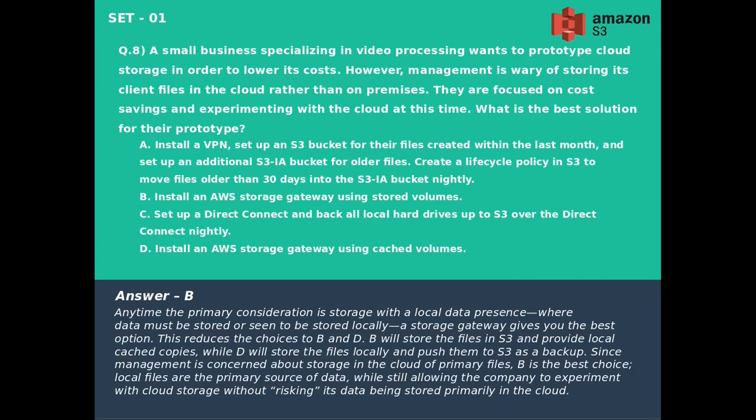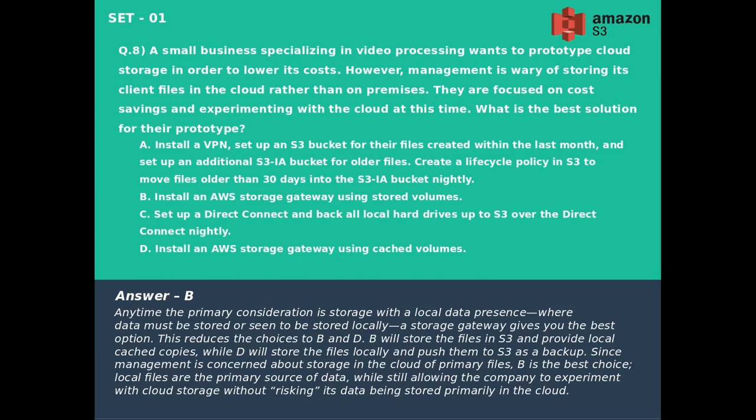Anytime the primary consideration is storage with a local data presence, where data must be stored or seen to be stored locally, a storage gateway gives you the best option. This reduces the choices to B and D. D will store the files in S3 and provide local cached copies, while B will store the files locally and push them to S3 as a backup.